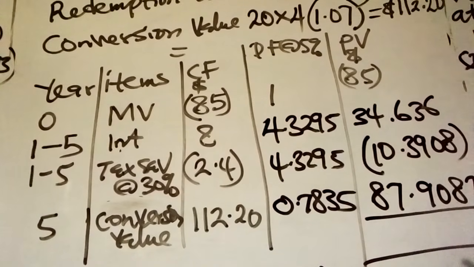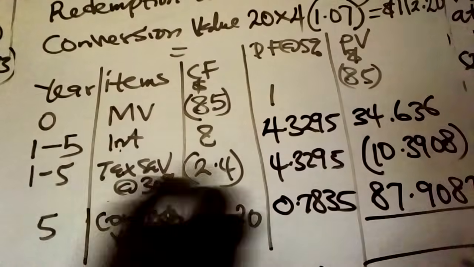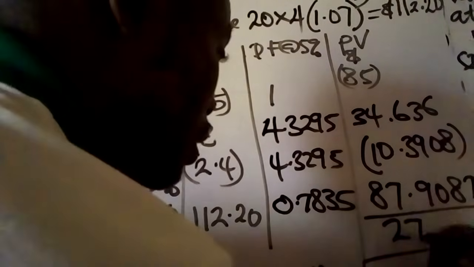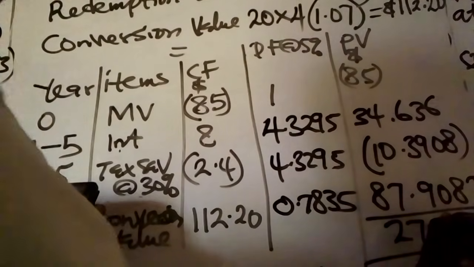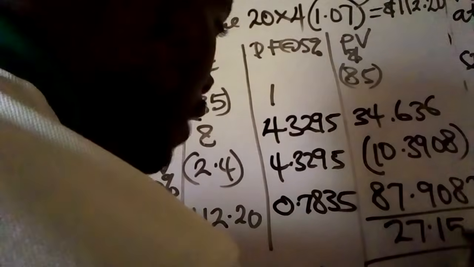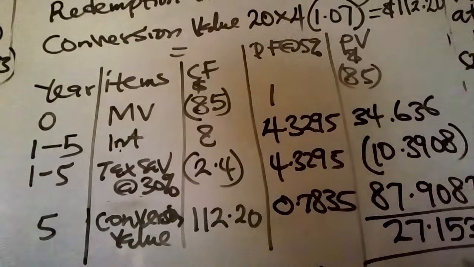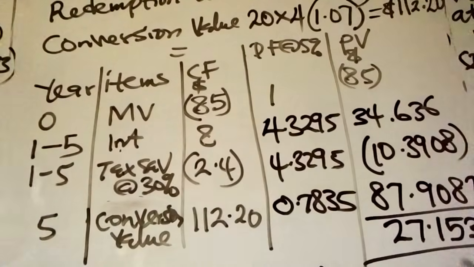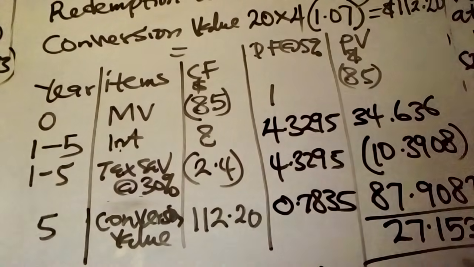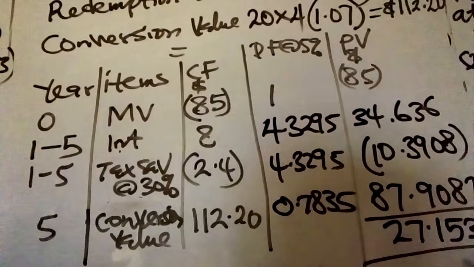So we have a net present value of 27.1539. This is a positive net present value. So you will need a negative one.